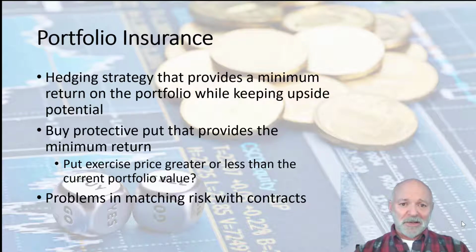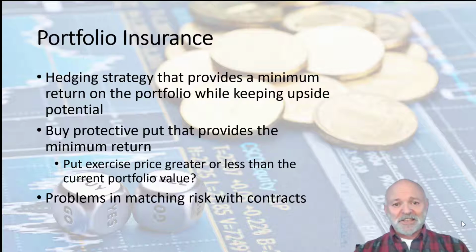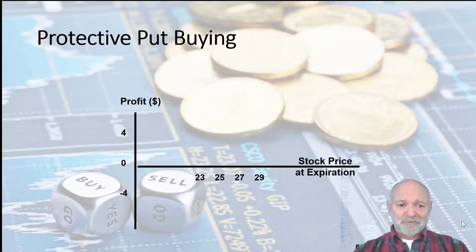That kink point in the option contract can be at the current price or perhaps in the money or out of the money, something that we don't go into detail in this particular course. There may also be problems in exact matching of the total value of our portfolio with the exact number of contracts. So we may be slightly underinsured or perhaps a little bit overinsured.